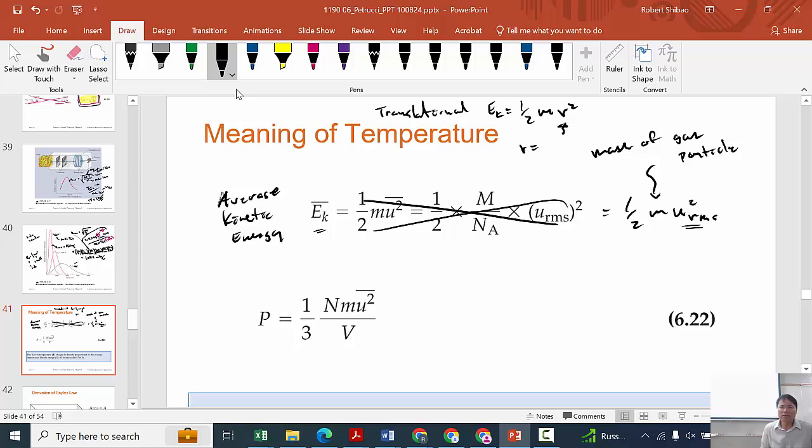V equals velocity, that's normal, except we're using U. Petrucci likes to use U for velocity instead of V for velocity, so we'll use U for velocity. But this is the RMS velocity. Velocity is just the speed, how fast it is going. This comes from, again, Newton's laws in physics. So this is the equation that we'll use to calculate the average kinetic energy here.